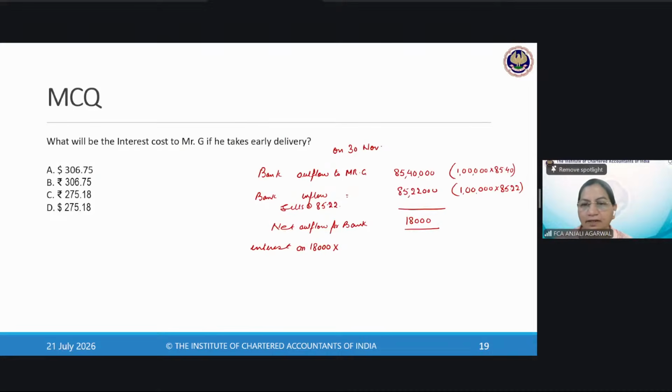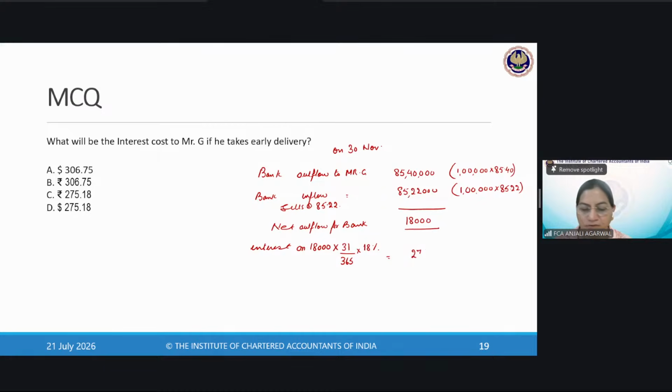So we will calculate the interest on 18,000, taking 365 days in a year at the rate of 18%: 18,000 into 18% for 31 days. Calculations to be rounded off to 2 decimals.